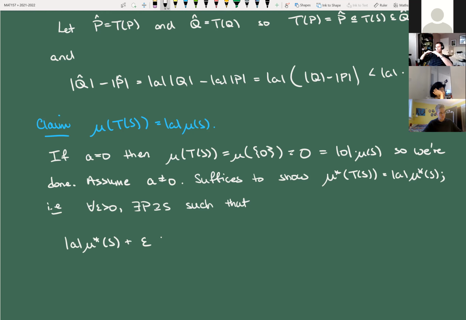So I've got the inf plus epsilon, and there's something in between there, right? So that's got to be the other side. So I've got measure star of S is less than or equal to P is less than A times the outer measure of S plus epsilon, right? Because I'm doing the infimum, so I want to go forward.